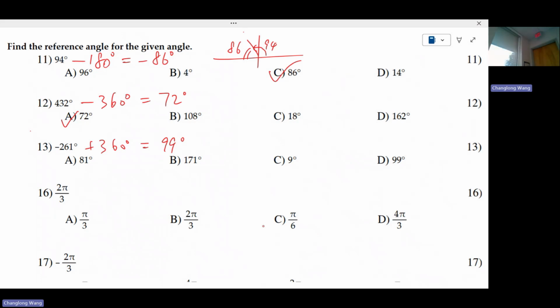So what you can do is either think about what that angle looks like and find the supplementary angle, or think, you know what, this is still too big. To find a reference angle by making an angle smaller, I have to play with 180. So let's go ahead and subtract 180 from it to turn 99 into negative 81.